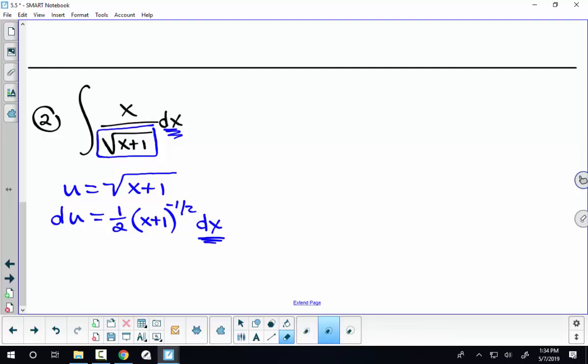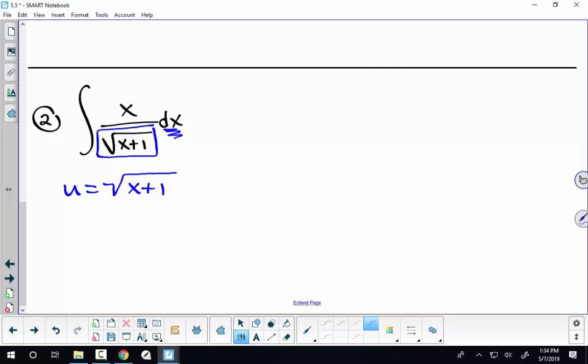So at that point, since the derivative is more complex than it needs to be, we'll say u is the square root of x plus 1, keeping in mind that we have to account for the x on top. We'll solve this equation for x.